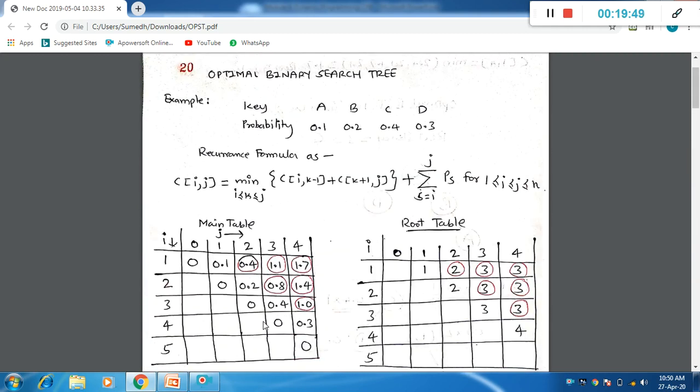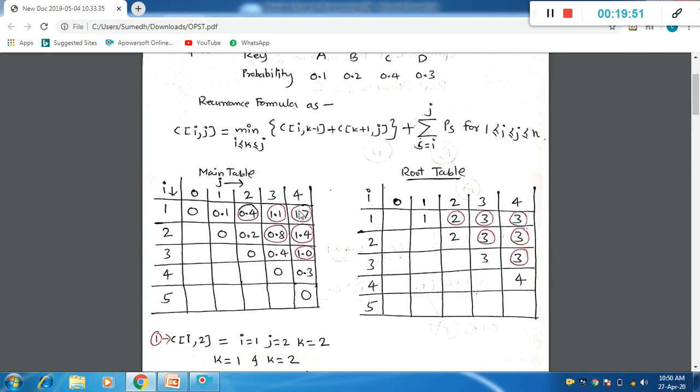Then among all this, the top value 1.7 is called the optimal binary search tree value, or this is the minimum or the optimal number of comparisons required for your given example. And you should remember this element, 3 is the root node for your optimal binary search tree.